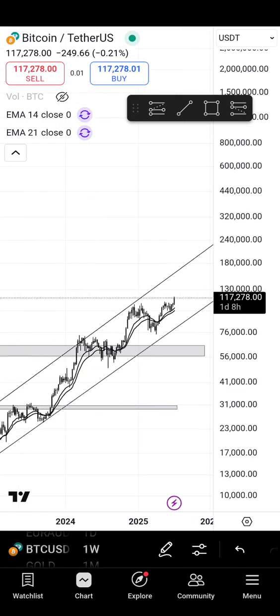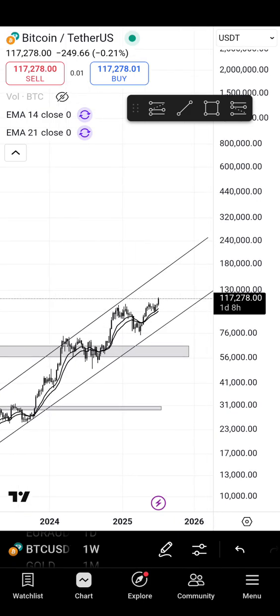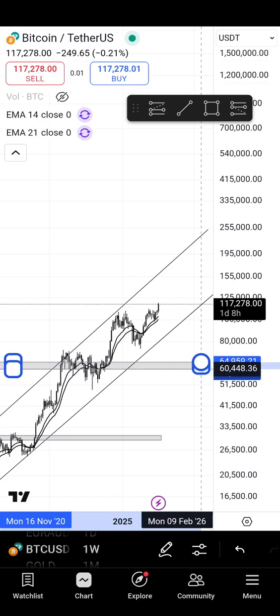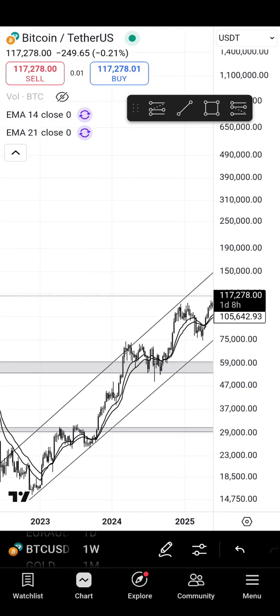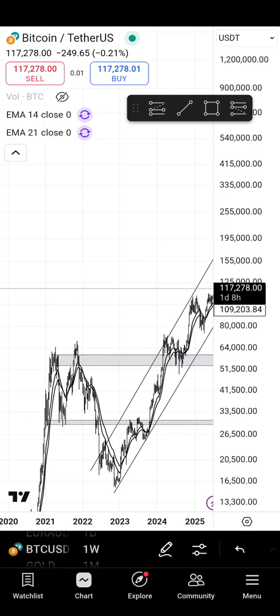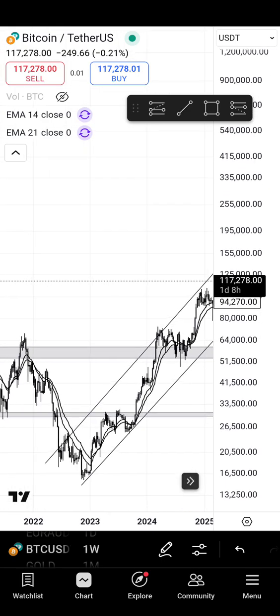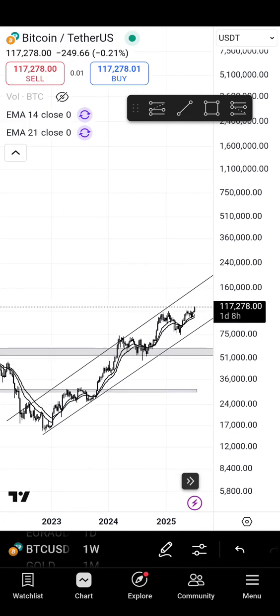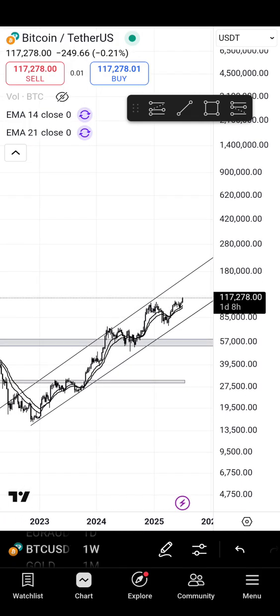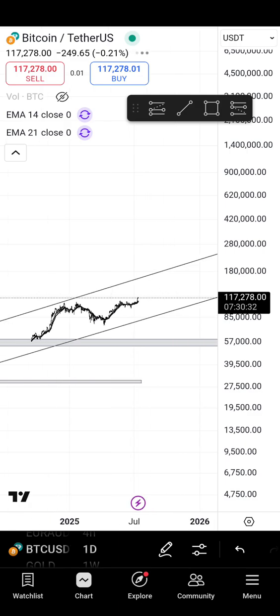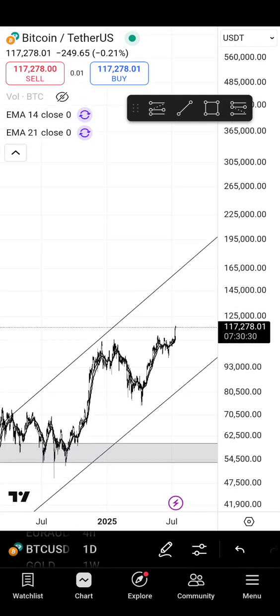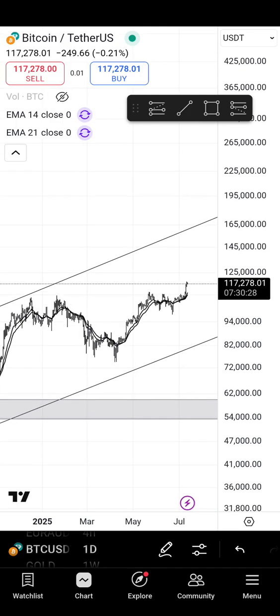So this is the weekly time frame. I just move it down a bit to balance. It's kind of rough, but that's how it is most of the time. Now the next thing, I can drop down to the daily time frame to give me some more perspective on the market.